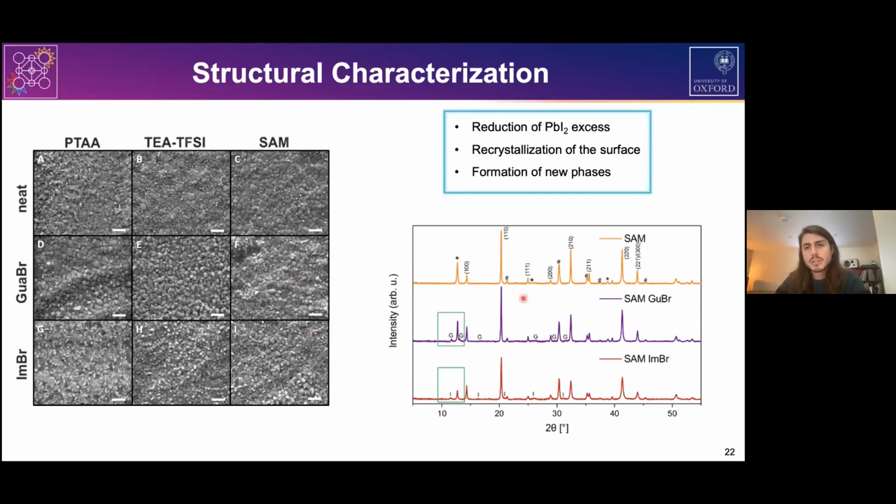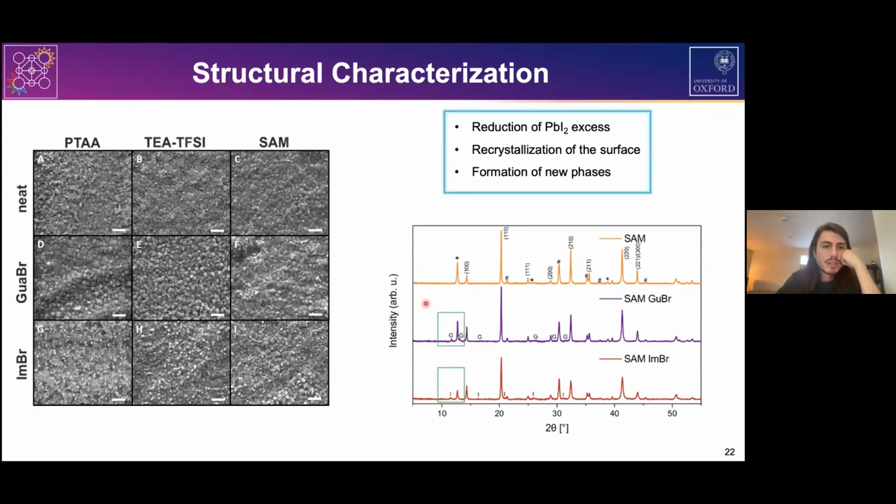And then of course, if we look more specifically at what's going on at the surface, using XRD, we found out that the use of guanidinium bromide and imidazolium bromide always results in the appearance of these additional perovskite phases here. This is an example for the SAM, but it's observed in all cases.